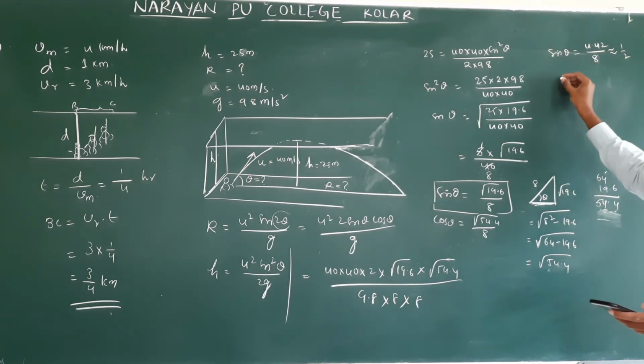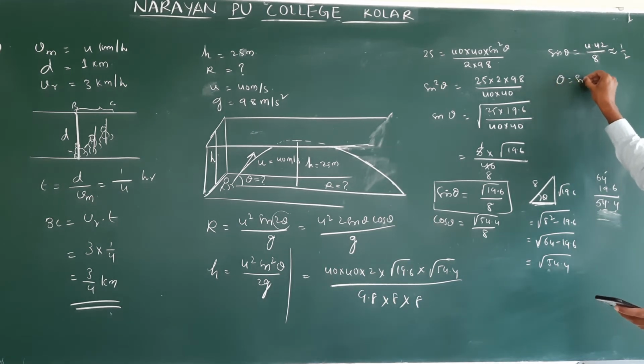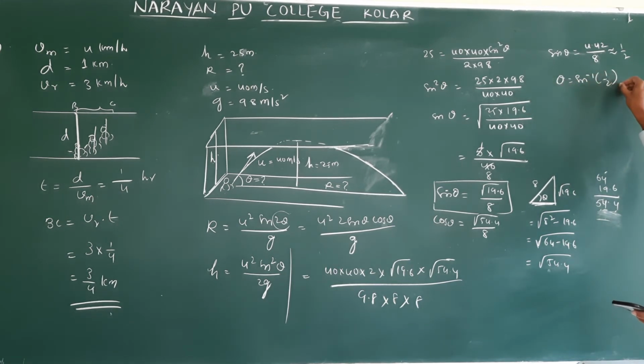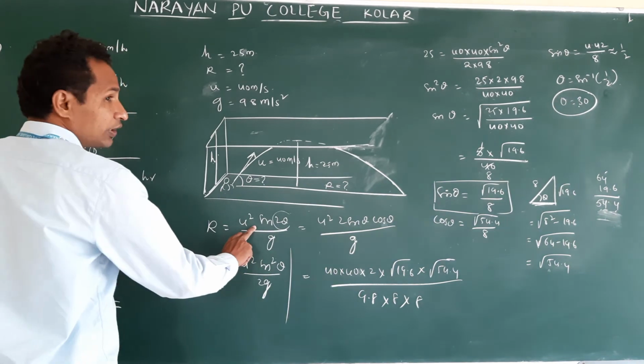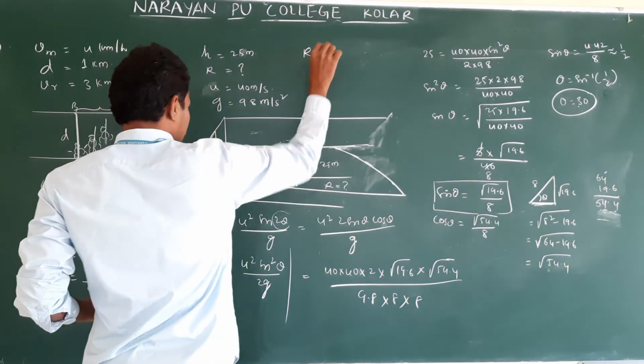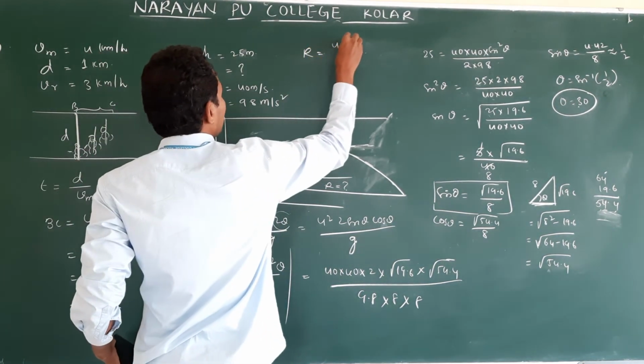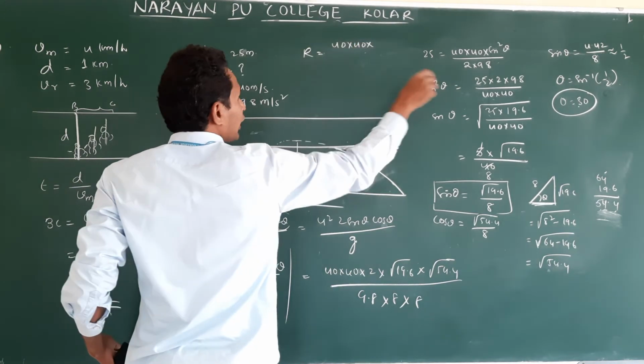If it is nearly equal to 1 by 2, theta is equal to sin inverse of 1 by 2. For what angle is sin 1 by 2? For 30. So theta is equal to 30. Once we know theta, directly substitute here. R is equal to u square, what is that, 40 into 40. What did we get?